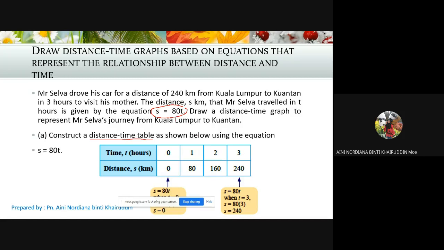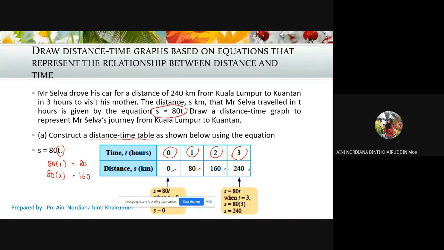So gantikan T ni dengan 0, 1, 2, 3. Bila ganti dengan 0 akan dapat 0. Ganti dengan 1 akan dapat 80. Lepas tu ganti dengan 2 akan dapat 160. Macam tu lah. Okay, dah siap.